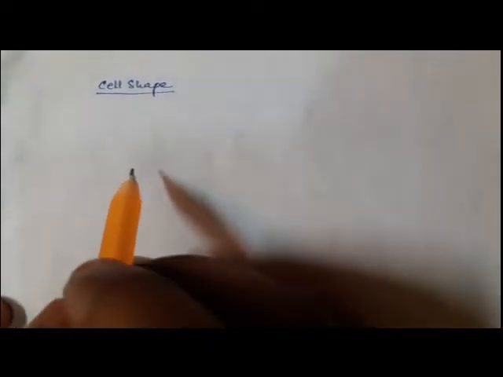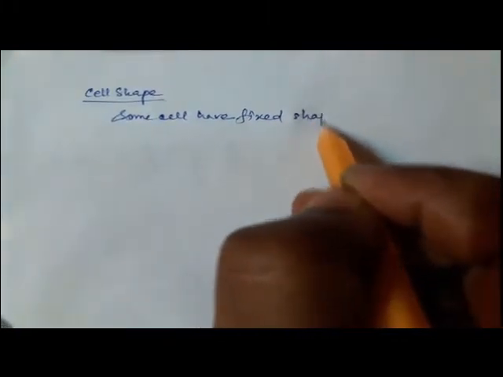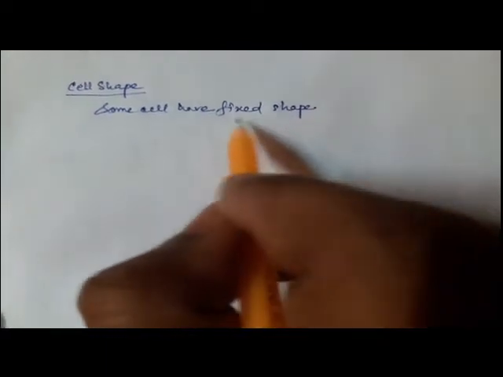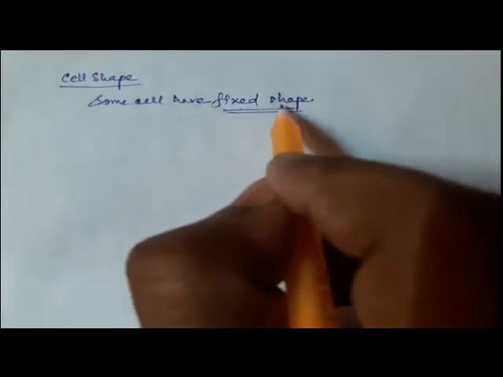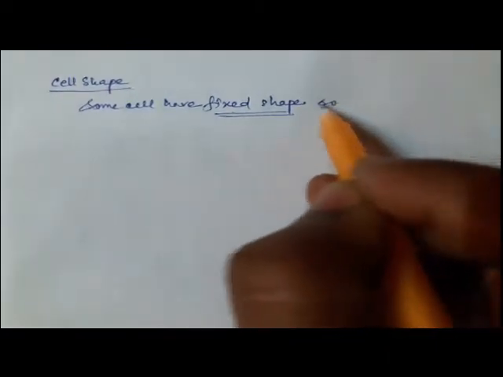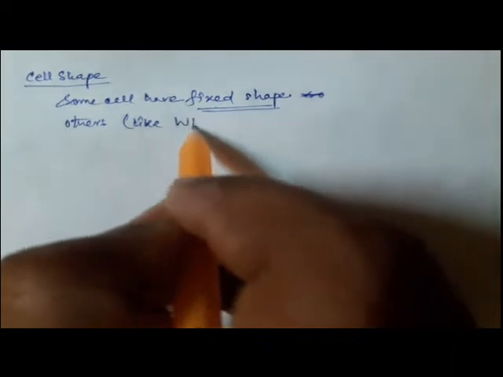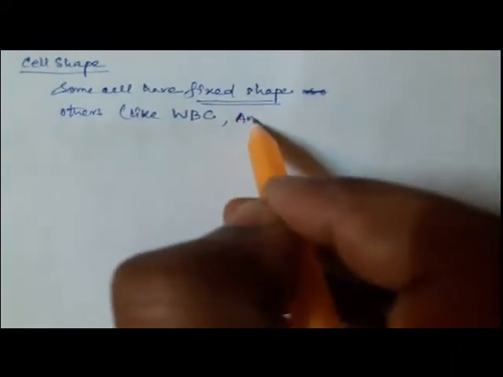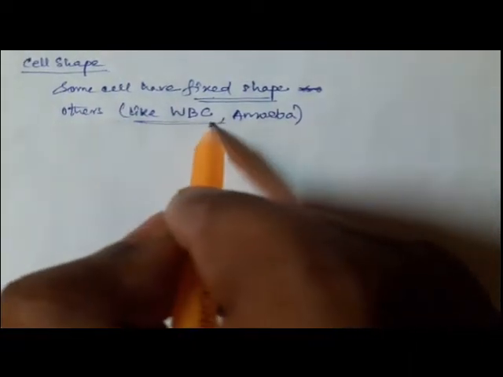Here we can consider that some cells have fixed shape, like in case of many plant cells and many animal cells, the cells are fixed in shape, whereas in others like WBC, right, in case of amoeba, the cells are irregular in shape, right.